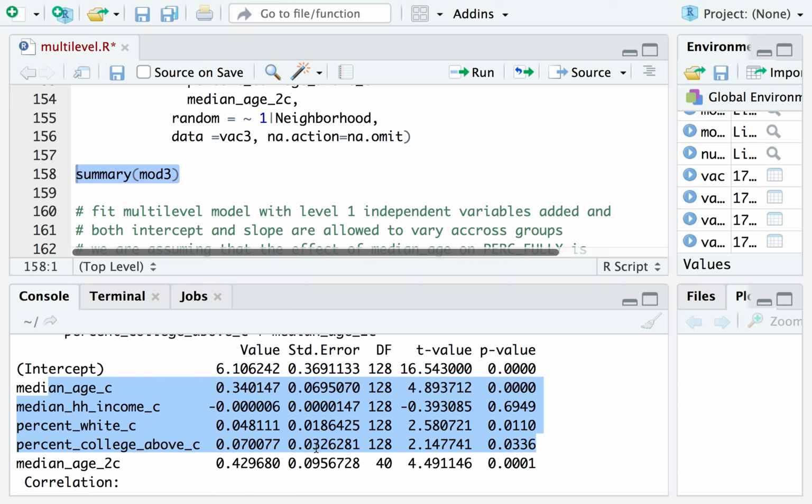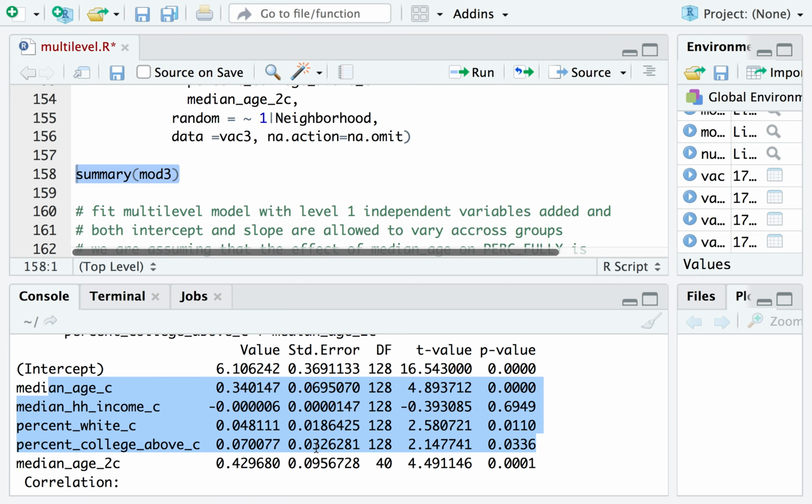And an important part, I'm sorry, I almost forgot to say this, is that level 2 predictors are only used for the level 2 groupings, meaning that a significant variable here would mean that it's a significant predictor of the neighborhood vaccination rates, not necessarily zip code. You can't use level 2 predictors to make conclusions on anything that's on level 1, and vice versa. You can't do that either.